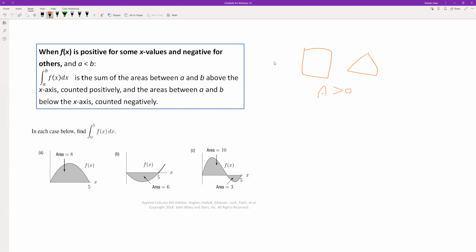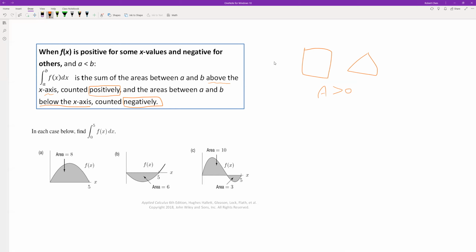The integral of f of x from a to b is the sum of the areas between a and b above the x-axis, counted positively. So if it's above, it's positive. And the areas between a and b below the x-axis are counted negatively. So if your area is above the x-axis, then it has a positive area.